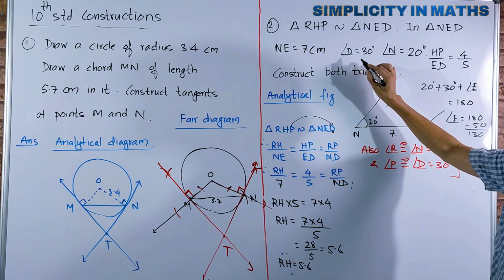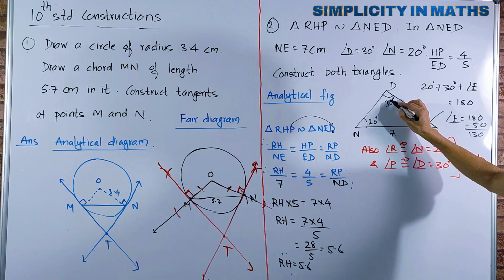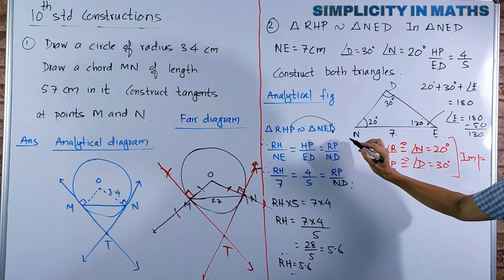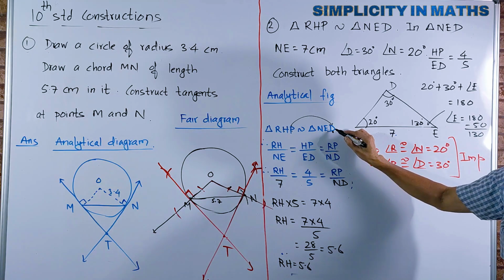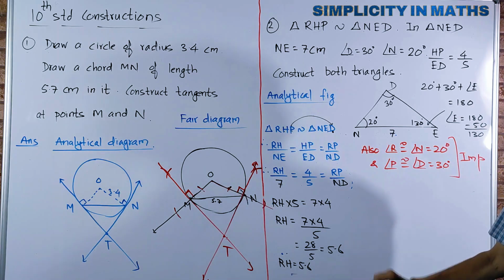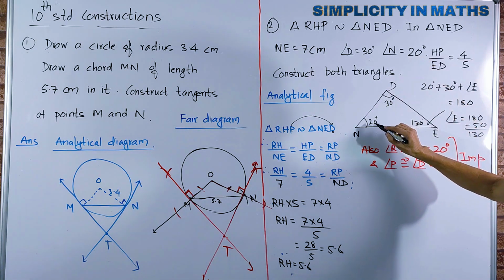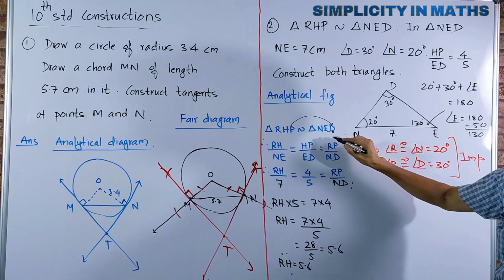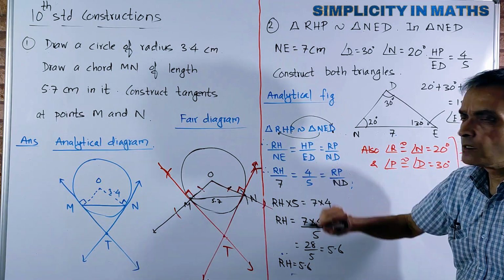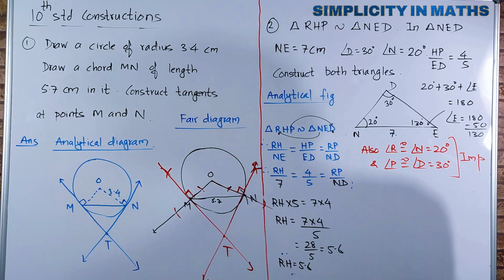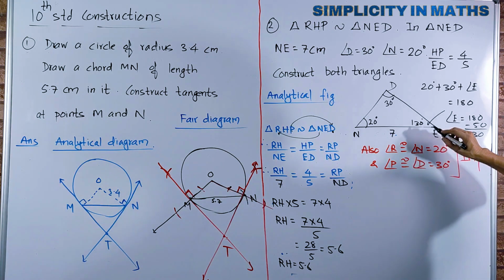वापस देखो. Angle D is given as 30. Okay? And then this sequence is given. So for D, it corresponds to P over here. So angle P is also 30. Angle N is given as 20. So यहाँ पे देखो, N will correspond to R. So angle R is also 20. Third angle भी लिखेंगे.